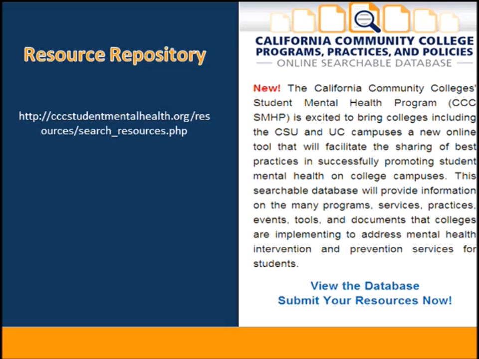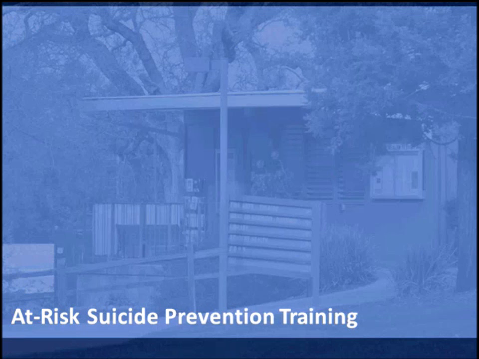One thing that I'm very excited about, as are my peers in California community colleges, is that we now have a resource repository. And early on in the planning for these student mental health monies, the three public higher education entities, the Universities of California, the California State Universities, and the California Community Colleges, did get together and discussed what the end result of sustainability might look like in terms of public higher education.